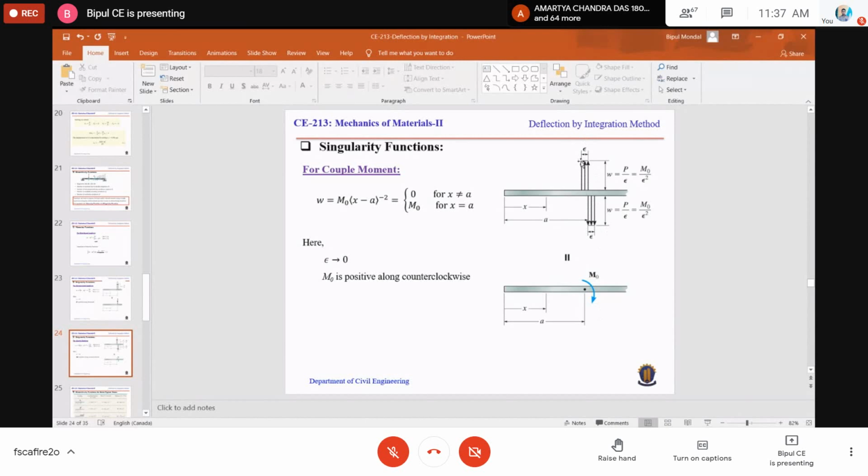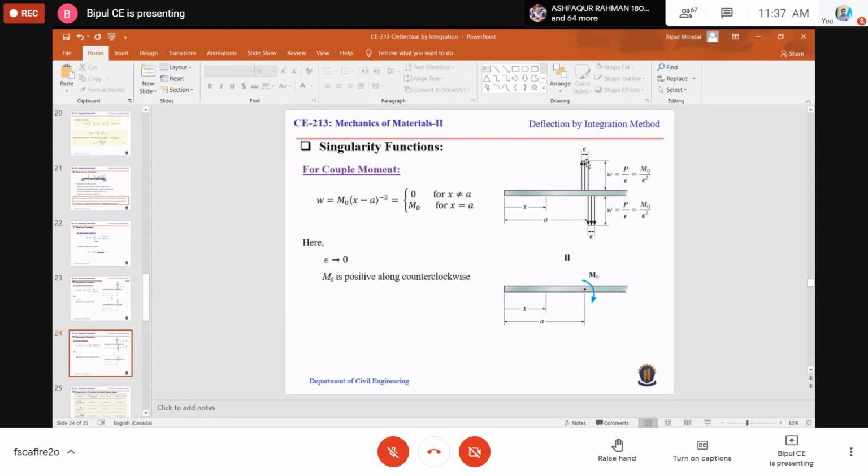So this distance is epsilon. Therefore, we can say this moment will be P into epsilon.